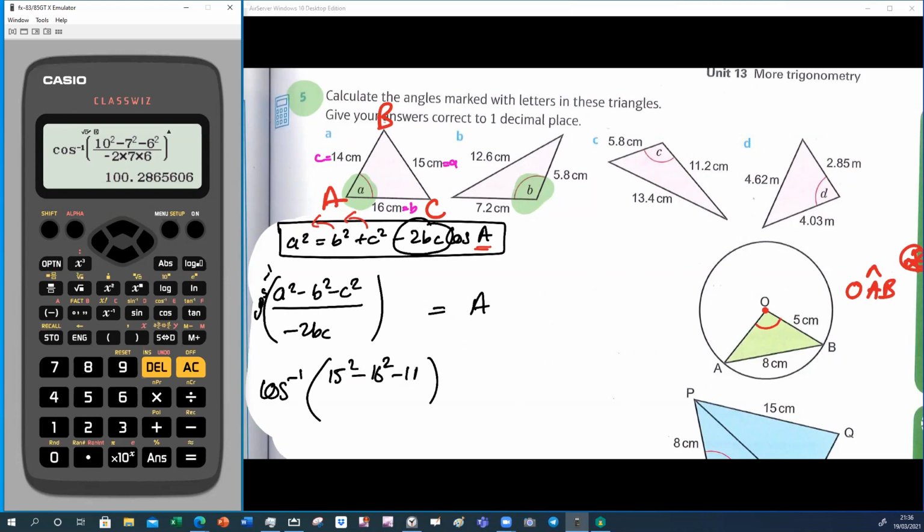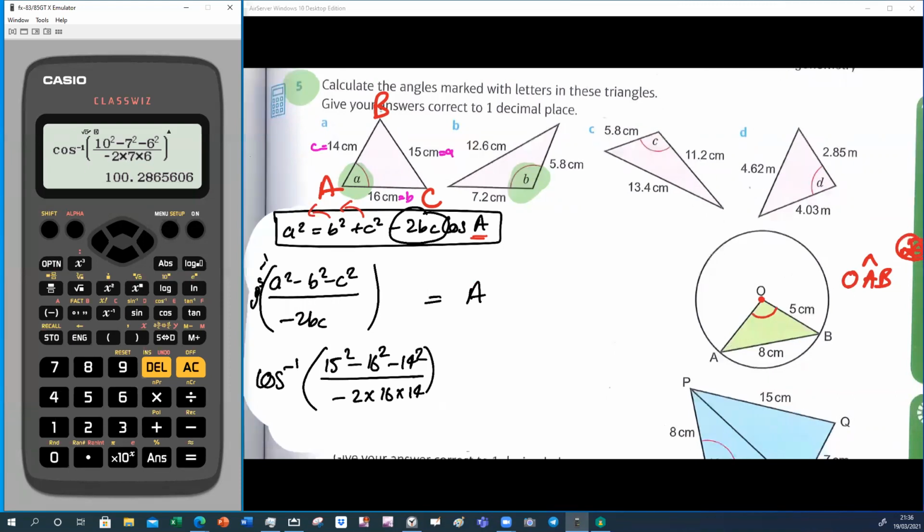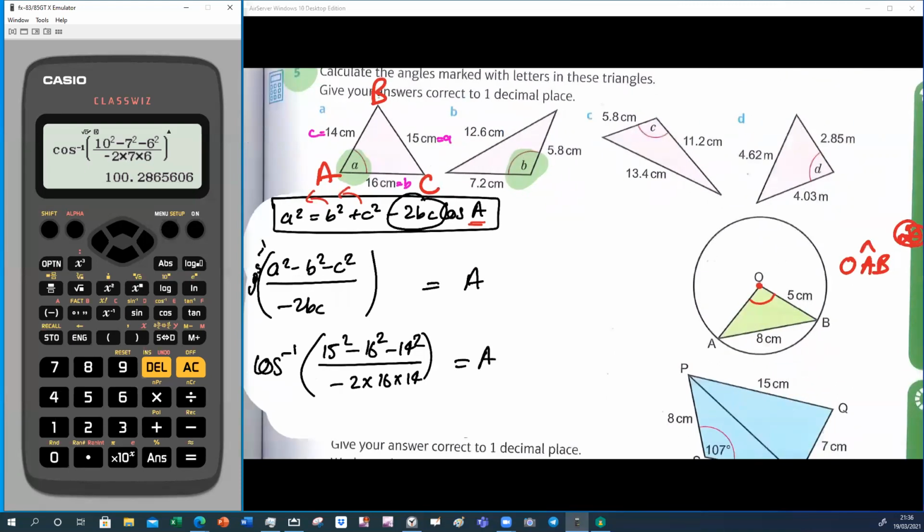Always start with the A first, and then you divide by minus 2 times B times C. So as long as you label it all properly, Bob's your uncle, and we can do the question. Lovely. So we press shift cos minus 1.